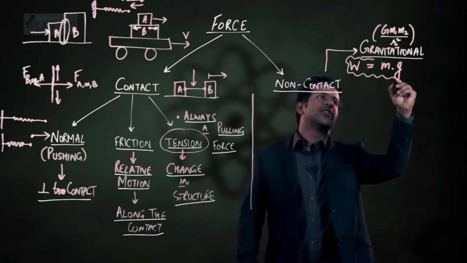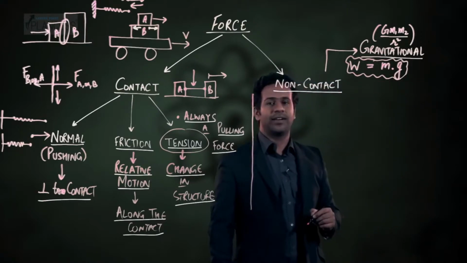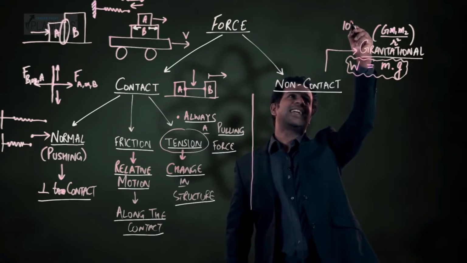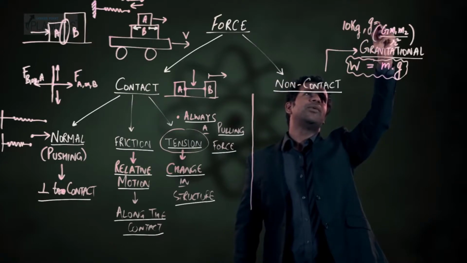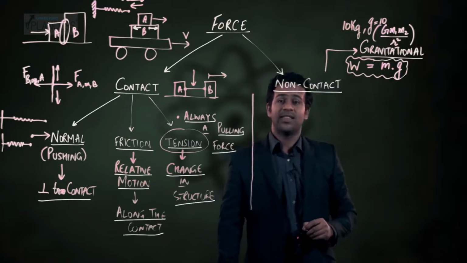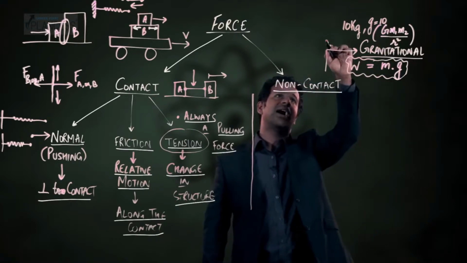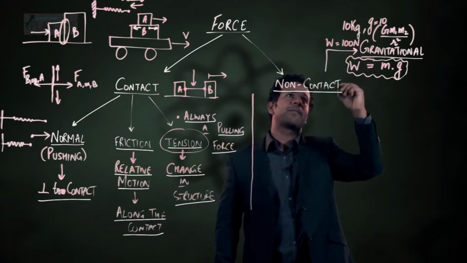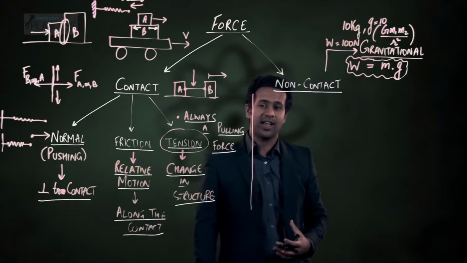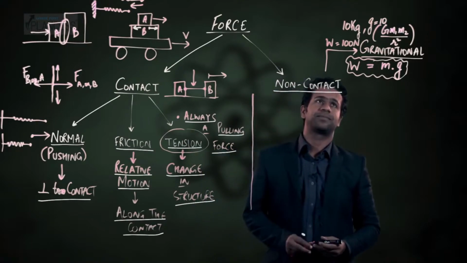Right. So that is another way to measure weight. For example, if you have a 10 kg body and say I tell you that acceleration due to gravity is 10, then this 10 kg body has a weight of 100 Newton. So a 10 kg body has a weight of 100 Newton.